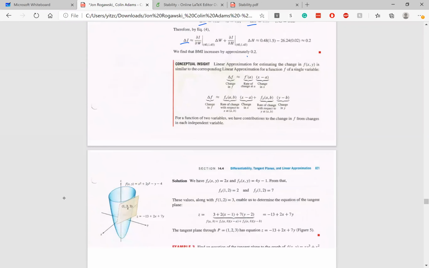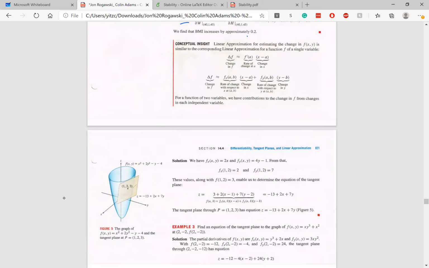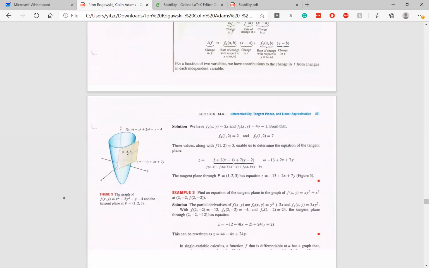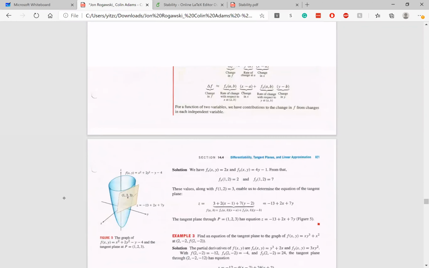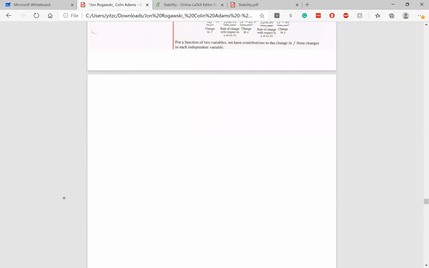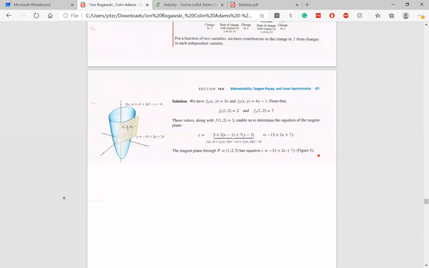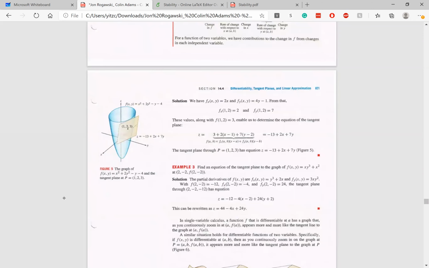Is it this? No. Okay, I'm going to skip this problem unless anyone can see where the problem starts. Okay, whatever. How is that exercise? I think there's something wrong with this chapter. Exercise 6, and then you have exercise 3. Oh, exercise and example, sorry.